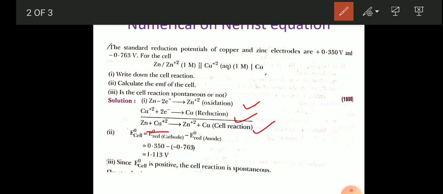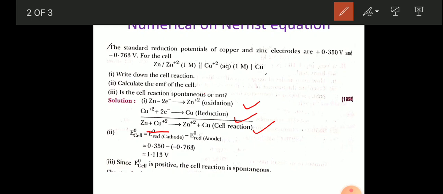After that, question number 2 is to calculate the EMF of the cell. The formula we have seen before is E cell equals E reduction at cathode minus E at anode, that is ER minus EL. The standard reduction potentials of copper and zinc are already given in the question. For copper it is 0.350.